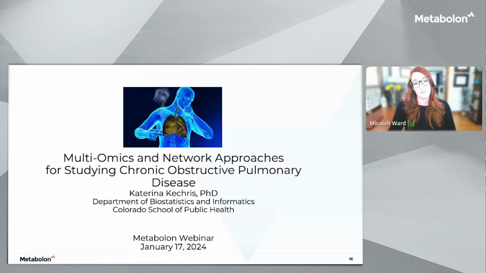Dr. Kechris's research is focused on the development and application of statistical and computational methods for analyzing omics data sets through all stages of the data lifecycle. This includes processing, storage, analysis, modeling, and visualization. Specific areas that she's focused on include analyzing transcription factor binding and microRNA expression data to study regulation.